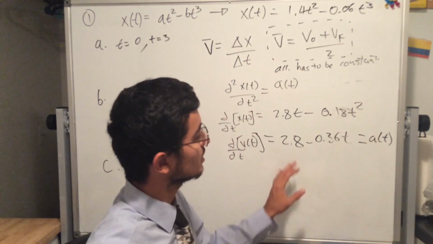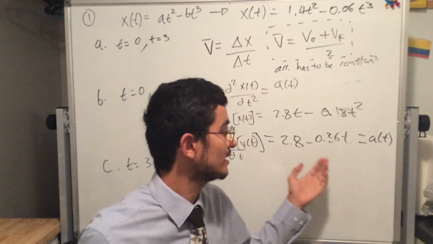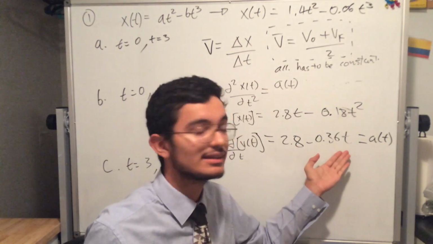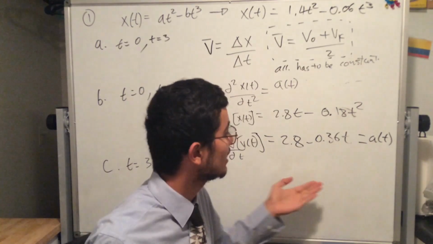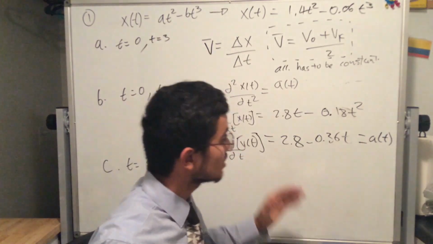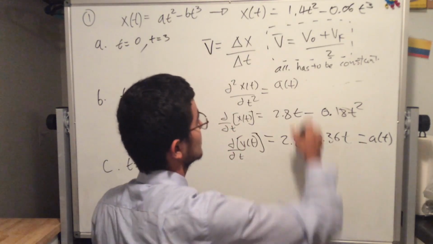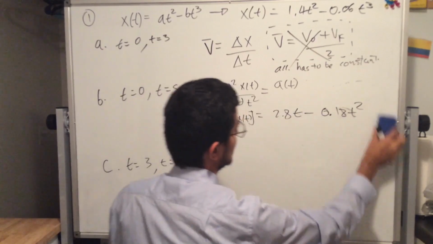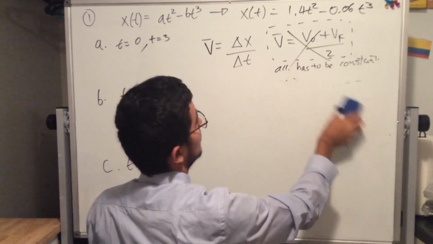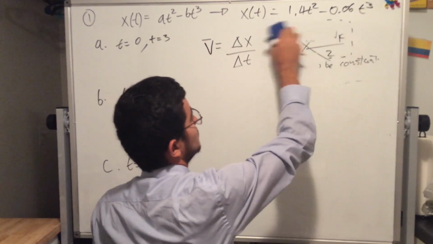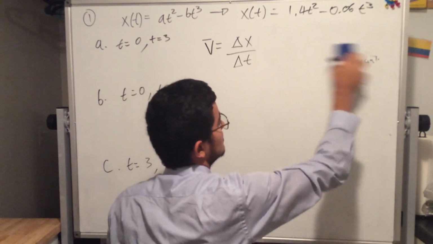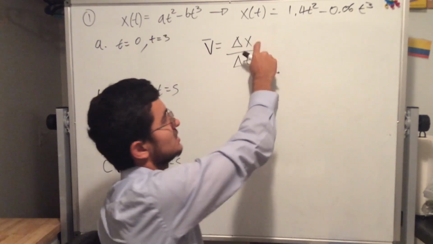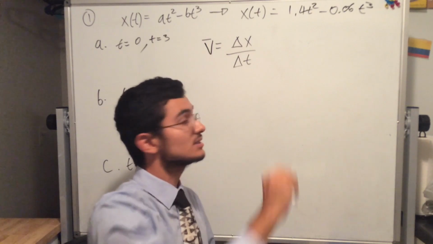But the problem with this function is it depends on a linear relationship with time. It's not constant. So that means acceleration is not constant and we cannot use this formula. So we're going to have to use the original definition of velocity, which is, okay, changing position over changing time.